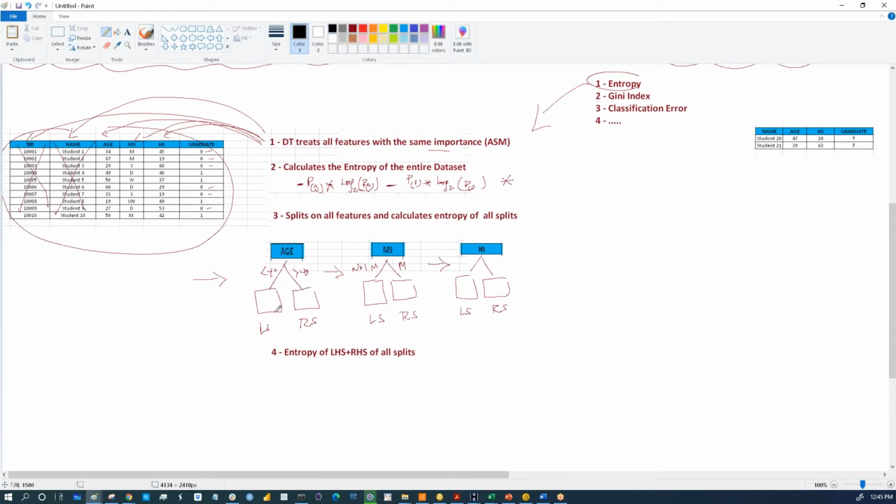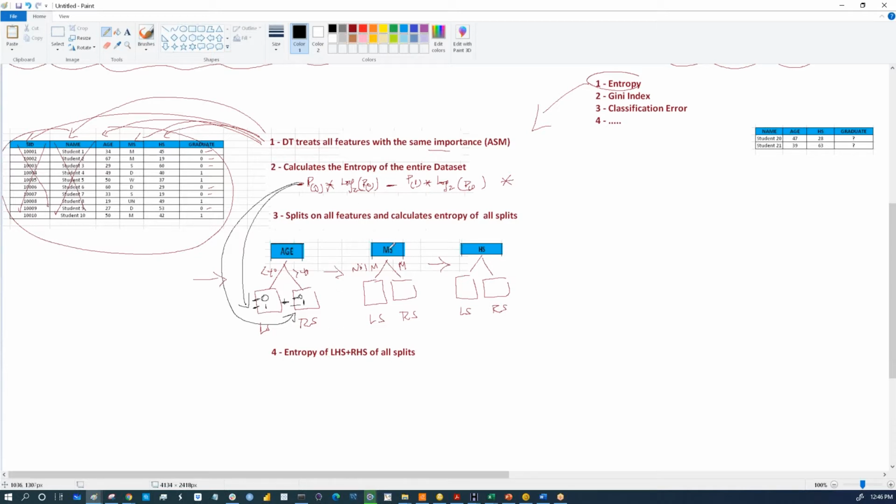Thank you. So when we split the data, of course, we are going to get a few values in the left hand side and the right hand side. On the left hand side, we are going to get some zeros and some ones. On the right hand side, we are going to get some values with the zeros and some values with the ones. Now we are going to use this formula on the left hand side, and we are going to use it again on the right hand side. We are going to do the plus.